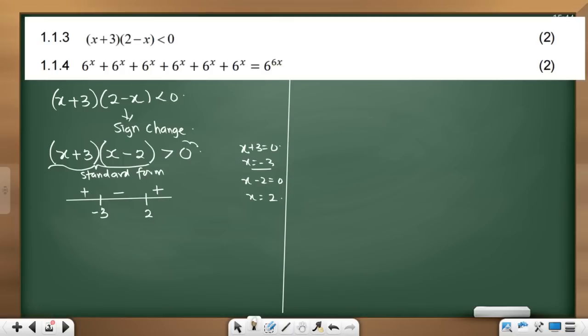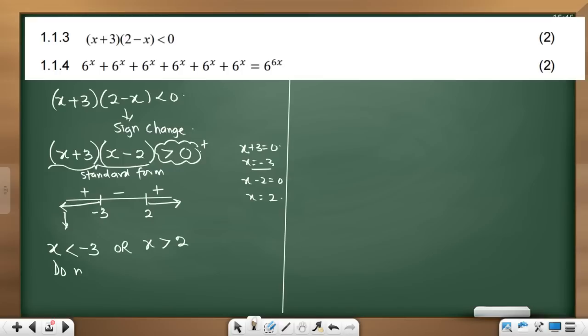Now, when I say something is greater than 0, what am I looking for? Positive values. So those are my positive. Check my inequalities. You see, that arrow is going that way. X is less than -3, or x is greater than 2.